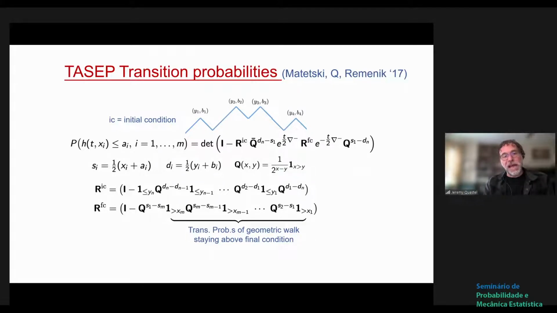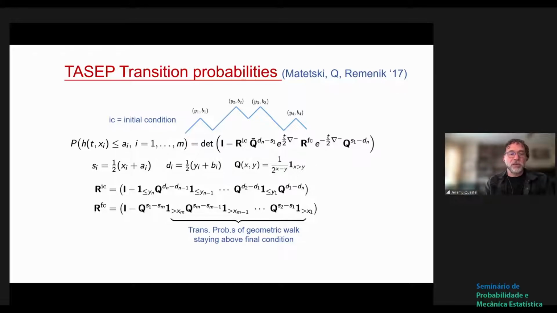This determinant is acting on L2 of Z, so the variables are now in Z. And these variables you can just think of as the starting point and ending point of some probability kernels. And here what they are is they correspond to transition probabilities of geometric random walks, either being asked to stay above the final condition or below the initial condition.